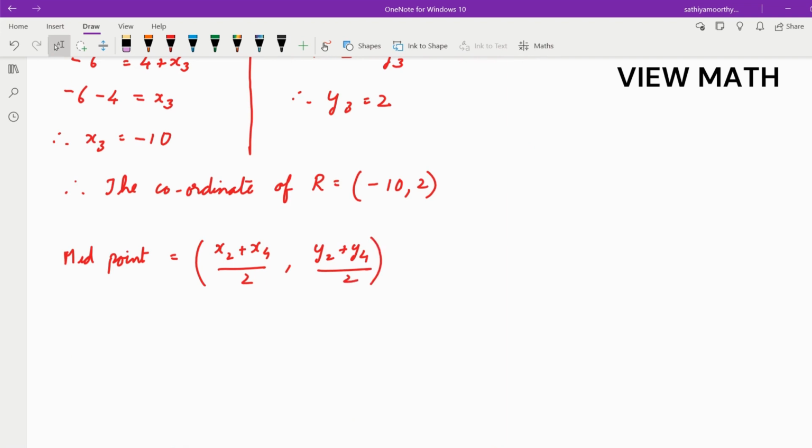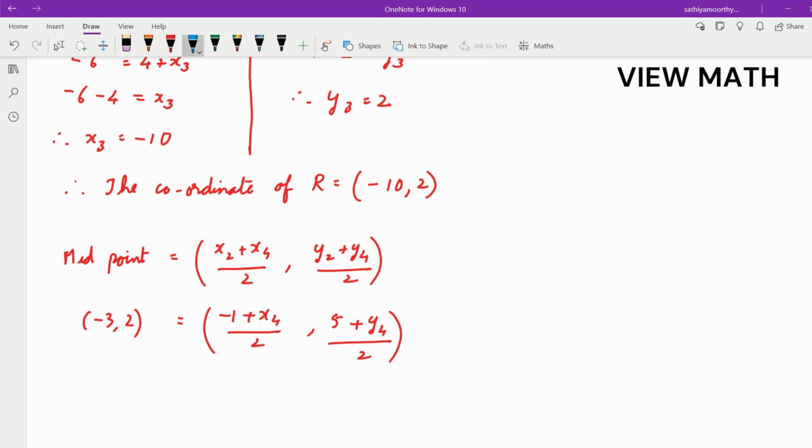Now let me substitute it. The midpoint, I know, is minus 3 comma 2, and the x2 value is minus 1, x4 I have to find out, divided by 2, comma y2 is 5 plus y4, which I have to find out, divided by 2.